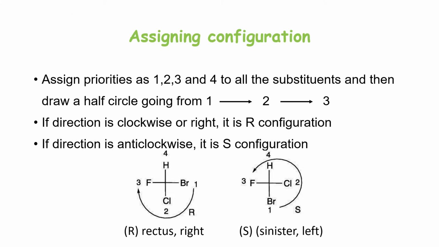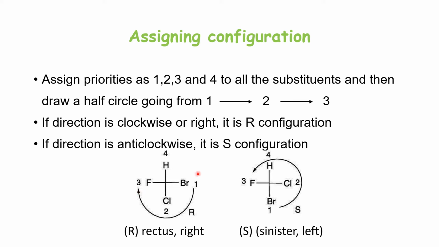Okay, so as you have assigned priorities as 1, 2, 3, 4, exactly that is how you are going to assign configuration. Considering this example, here is our chiral carbon atom. We can see 4 groups attached: hydrogen, fluorine, chlorine, bromine. Just now we have seen we will give first priority to bromine, second priority to chlorine, third priority to fluorine, fourth priority to hydrogen.